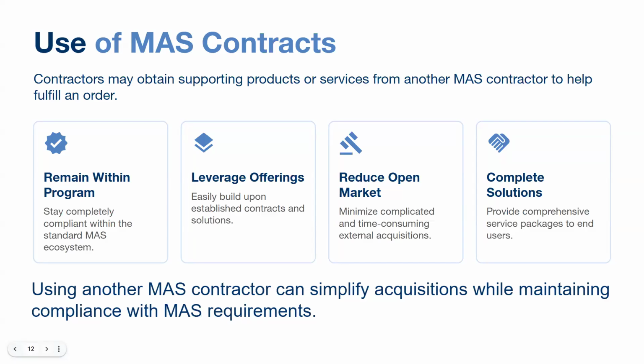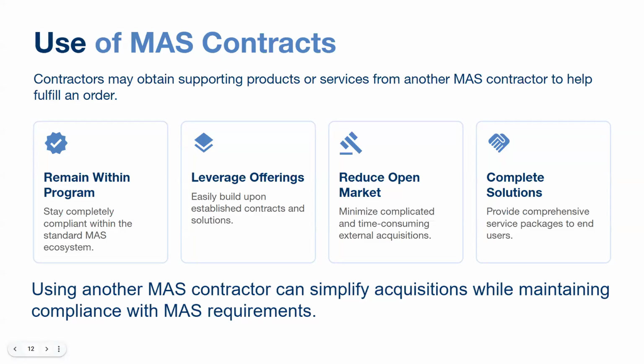It's important to remember that this flexibility doesn't eliminate the contractor's responsibility to follow the applicable ordering procedures or comply with the requirements established by the ordering activity. Instead, it provides another tool for delivering the best overall solution to the customer. You can think of it as expanding your toolkit.